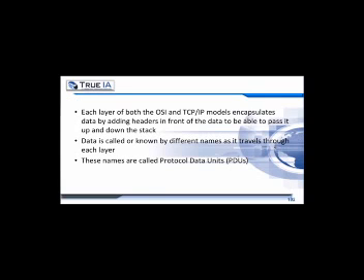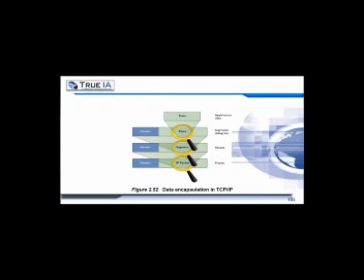These names are called protocol data units. You should know and understand the concept of encapsulation because you will begin to hear it more and more as we discuss deeper and deeper networking concepts.